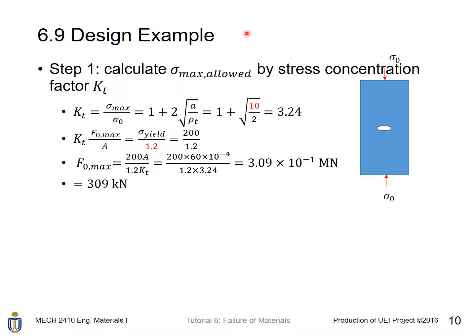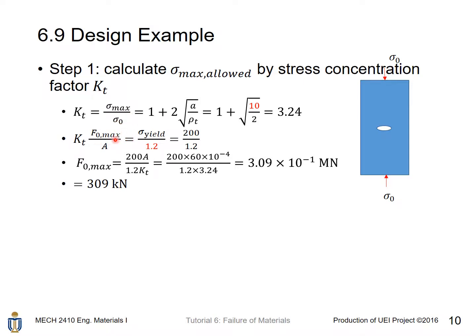A is given, rho T is given, and we just plug in the numbers. Be careful, we need to convert the units for the values of A and rho T. And Kt times the maximum allowable applied stress is equal to the yield stress over the safety factor, which is 1.2 for this question.